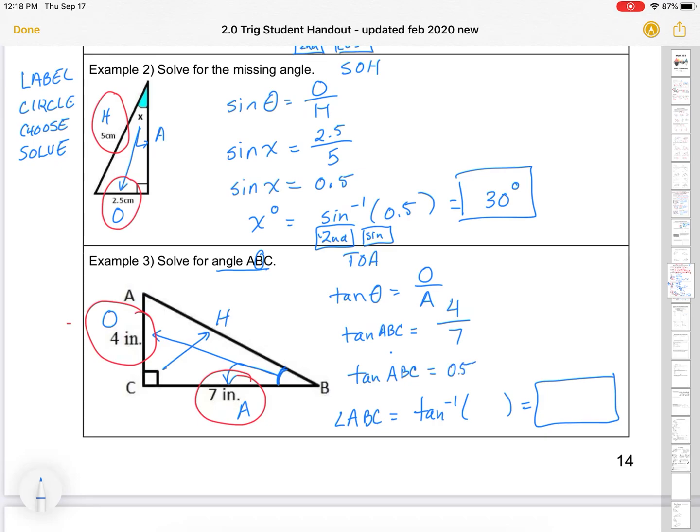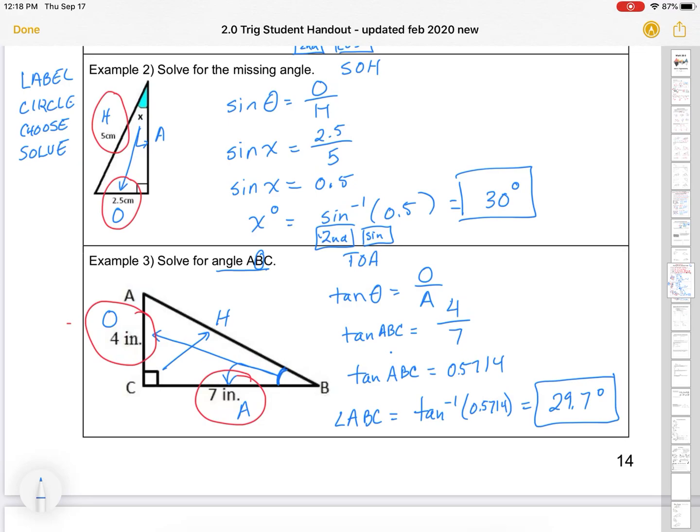You were probably yelling at the video, stop. So we get 0.5714, and that's going to give me an answer that I think is more right: 29.7 degrees. My apologies.